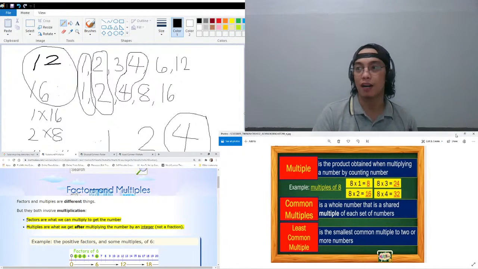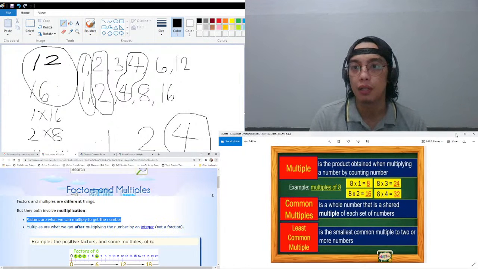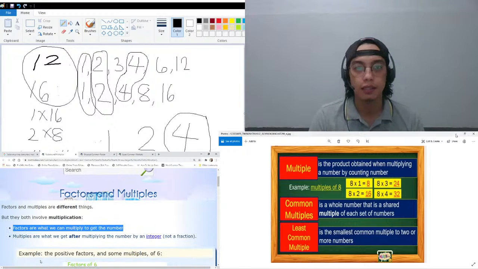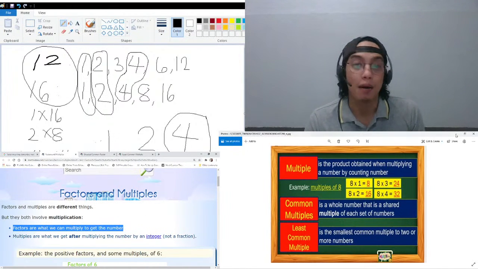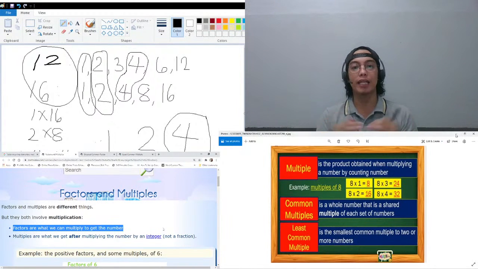So muna meaning sa itong factor ha. Alright, ang factors are what we can multiply to get the number. Okay? What two numbers can be multiplied together para ma-result ang number?